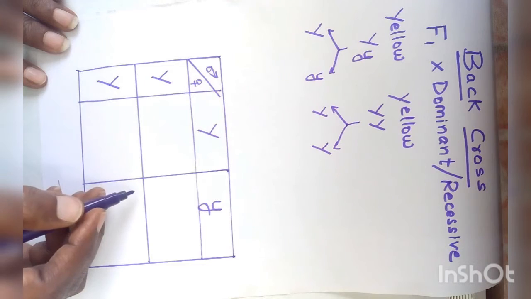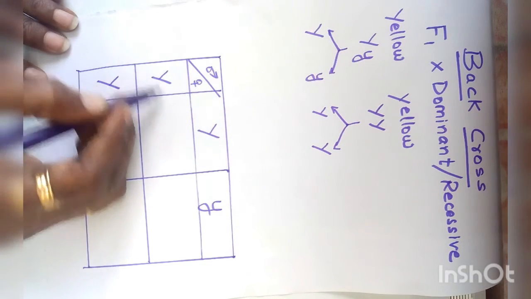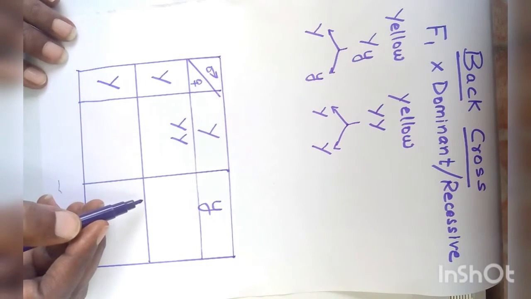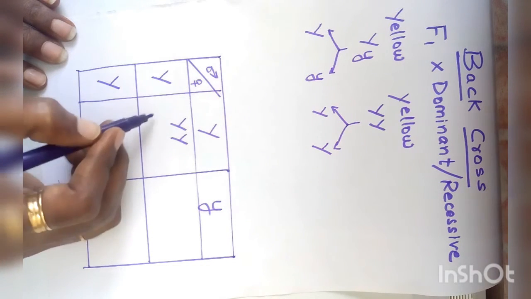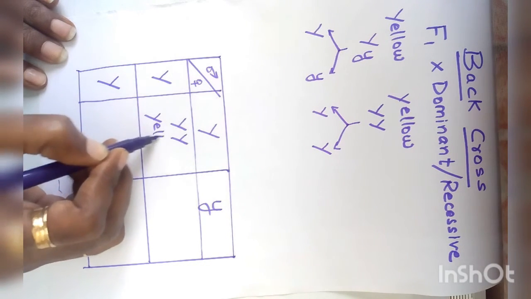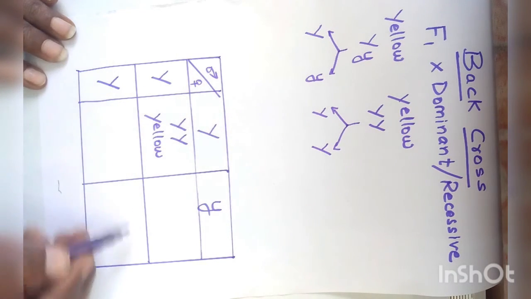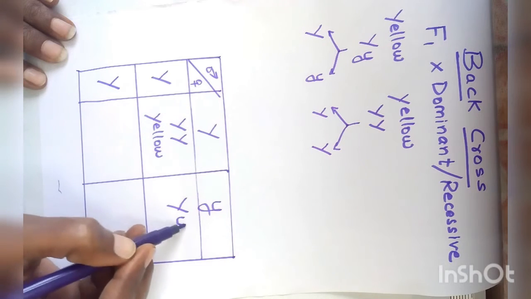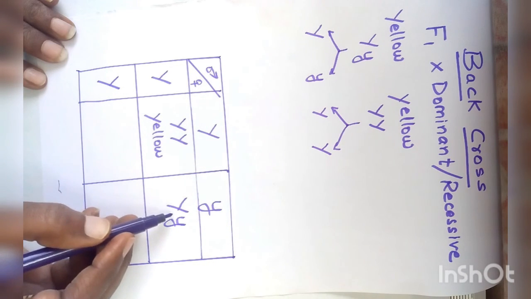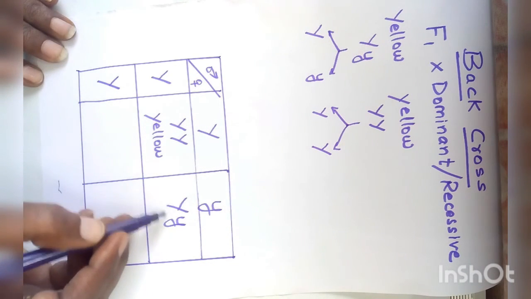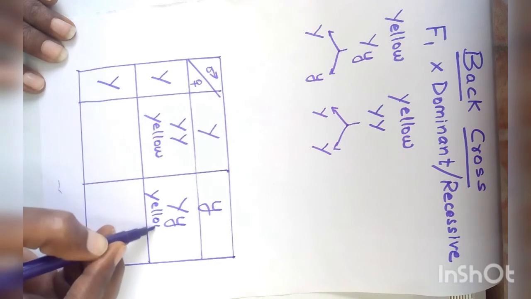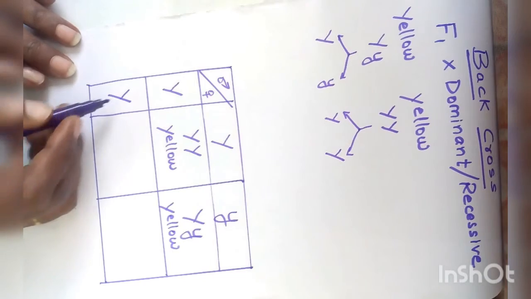Now we have to predict the phenotypes. So capital Y and capital Y, just write it next to each other. What will be its phenotype? The plant will have yellow color seed. For this, capital Y and small y. Again, even if one alphabet is capital, it represents dominant. And which color is dominant? Yellow color is dominant.